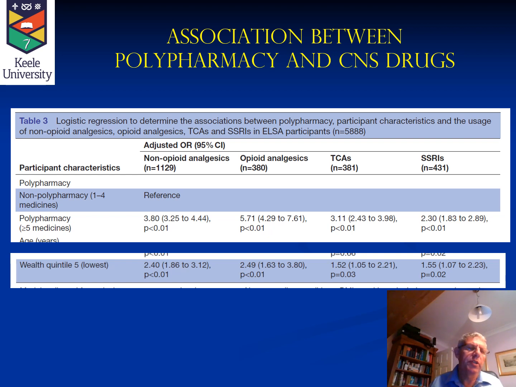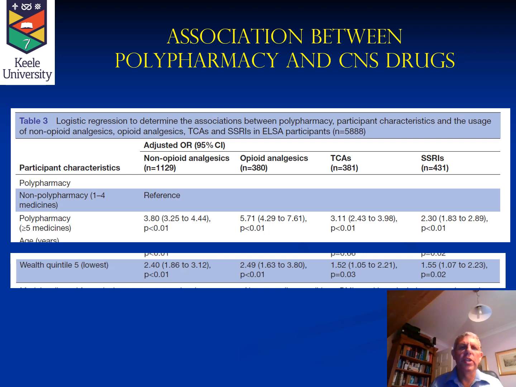In this slide, I'm just looking at some of the findings from the study, and what we can see are relative to people who don't have polypharmacy, that is 1-4 medicines. If you have polypharmacy, you're almost 4 times as likely to have non-opioid analgesics, almost 6 times as likely to have opioid analgesics, 3 times more likely to have TCAs, and 2.2 times more likely to have SSRIs.